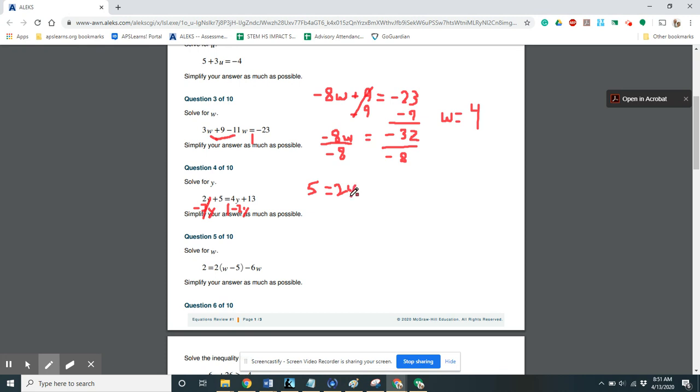So an important difference between question 3 and 4 is question 3, you combine. Question 4, you have to get rid of the variables on one side. Next steps are just like the first problem. Get rid of the 13 and the 2. We'll subtract to get rid of the 13.